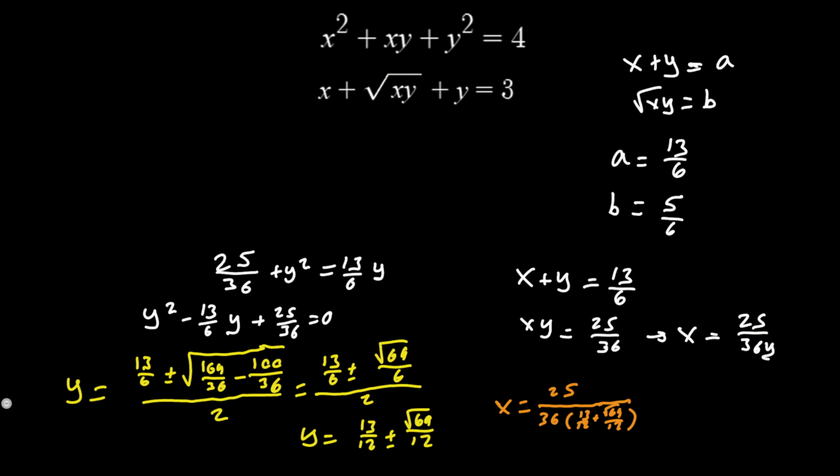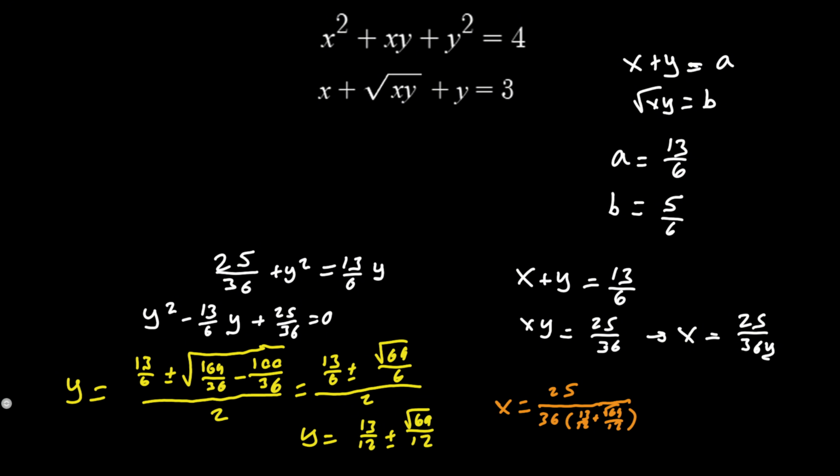And pretty much 25 over 36 times all of that. We would pretty much have to multiply by the reciprocal of the denominator because we have the entire square root, and that pretty much makes it a bit harder for us to deal with that kind of stuff.